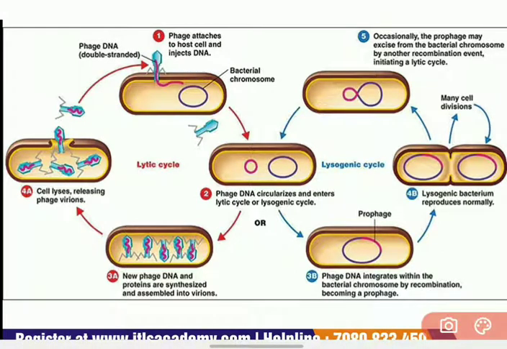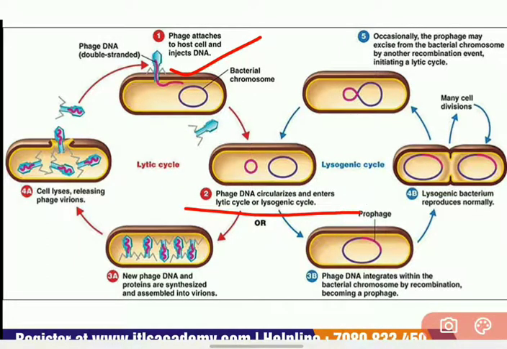Here is the combined view of the lytic and lysogenic cycle. You can see first is lytic and the second is the lysogenic cycle. At point first, the phage attaches to the host cell and injects DNA. This is the bacterial chromosome.